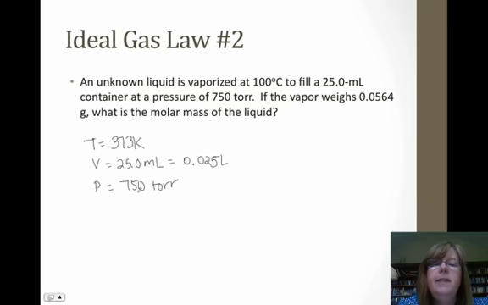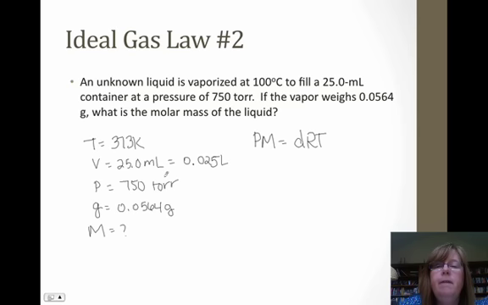And then all of a sudden they tell us a mass. So our grams is 0.0564 grams. They want to know the molar mass, capital M. All right, well, we're going to have to use the equation that has molar mass in it, which is PM is equal to DRT. We have a pressure.